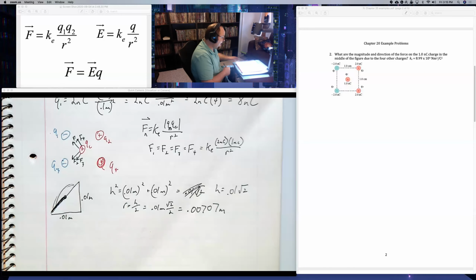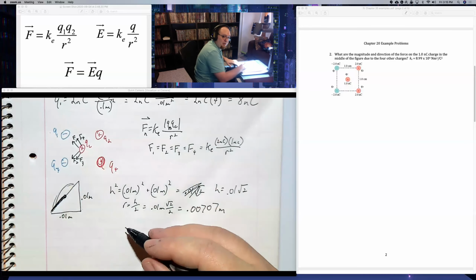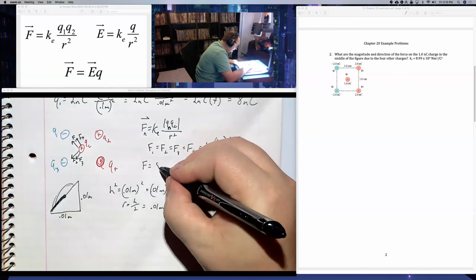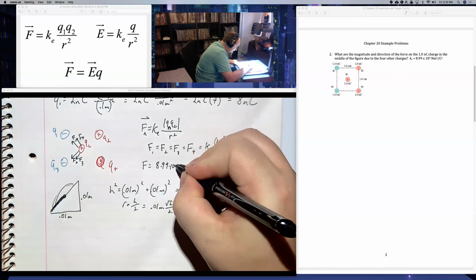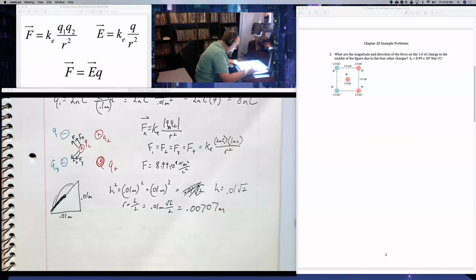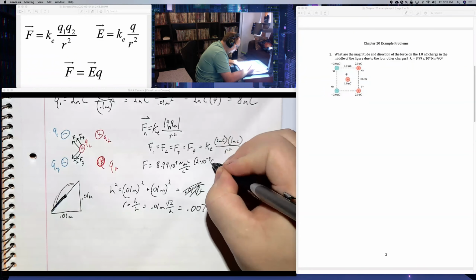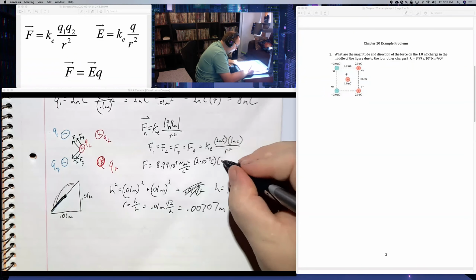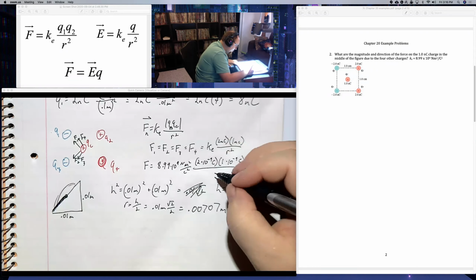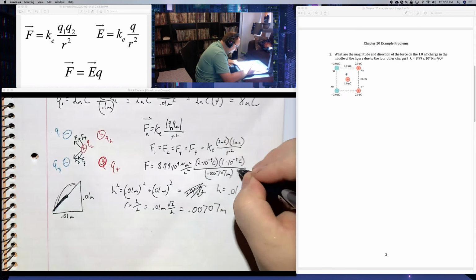Now that I know that, I can solve for all these F's. Going back up here, all of these F's, I said, were KE, 8.99 times 10 to the 9th newton meter squared per coulomb squared, times 2 nanocoulombs, 2 times 10 to the negative 9 coulombs, times 1 nanocoulomb, 1 times 10 to the negative 9 coulomb, over R squared, 0.00707 meters squared.